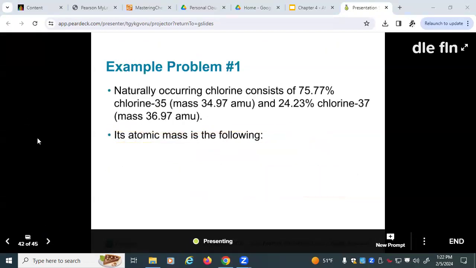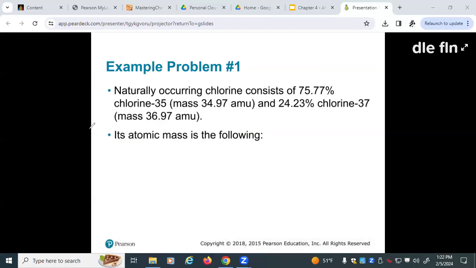So let's take a look at an example problem. Here we are told naturally occurring chlorine consists of 75.77% chlorine-35 and 24.23% chlorine-37. The mass of chlorine-35 is given here. The mass of chlorine-37 is given here.